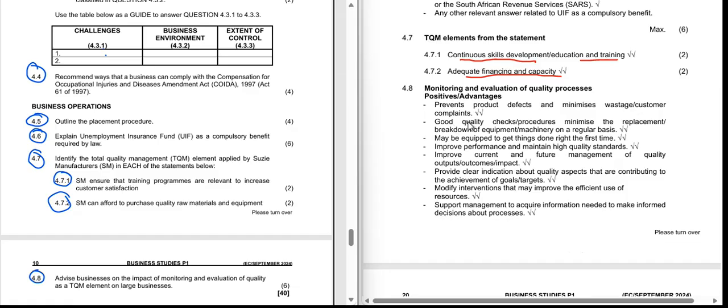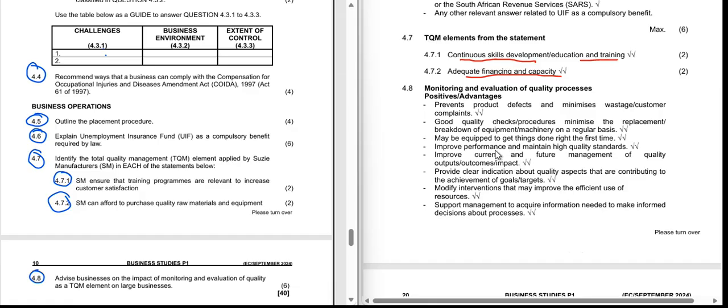Remember, we are advising the business on the impact of monitoring and evaluating quality as a total quality management element. Good quality checks or procedures minimize the replacement, breakdown of equipment and machinery on a regular basis.